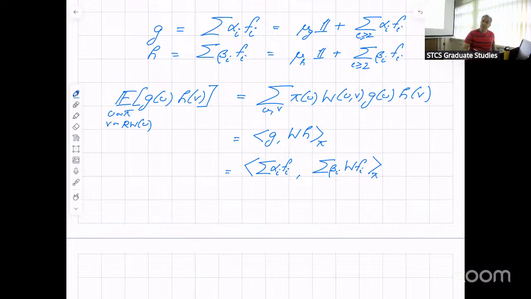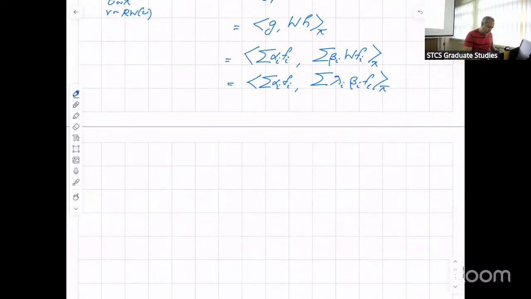But fi is an eigenvector, so this becomes summation alpha I fi, summation lambda I beta I fi, in the pi inner product. Orthonormality says this is just summation alpha I beta I lambda I, I going from 1 to n.